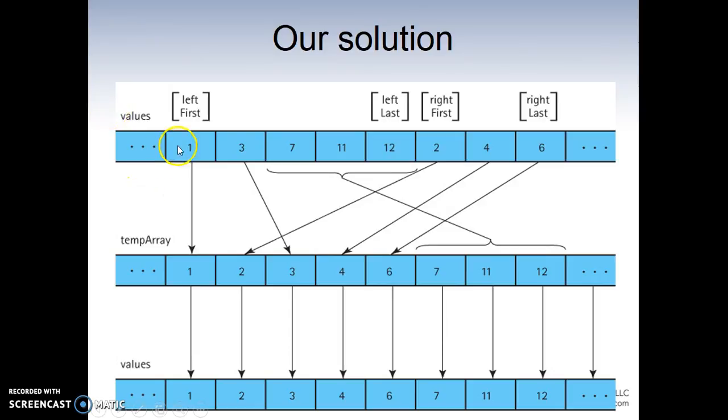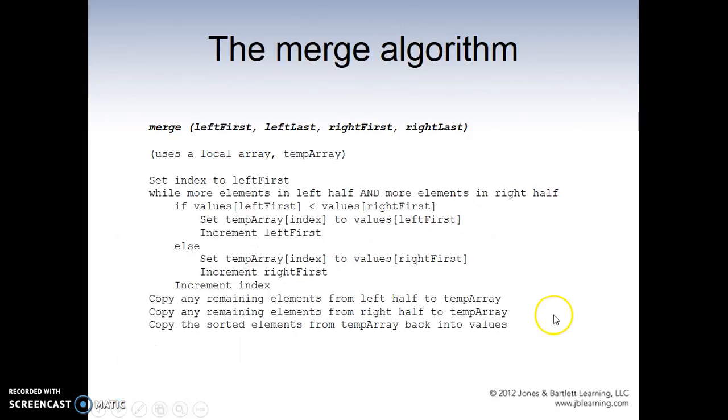When we merge, we just create a temp array, look at the first of left, and move. That's how we move, and then we get a final array, which is the sorted array.